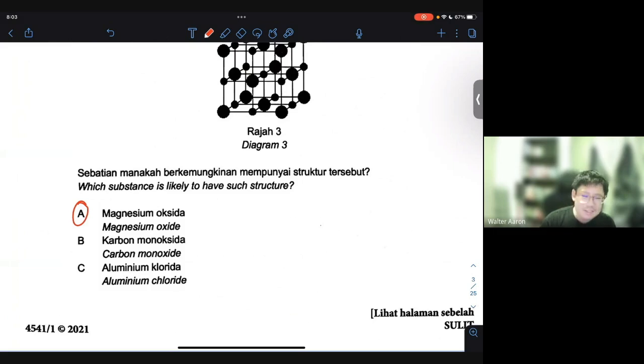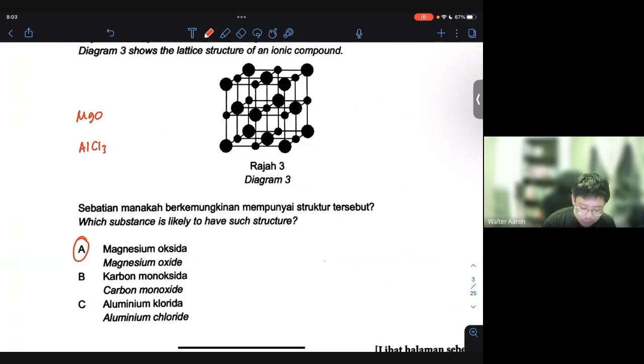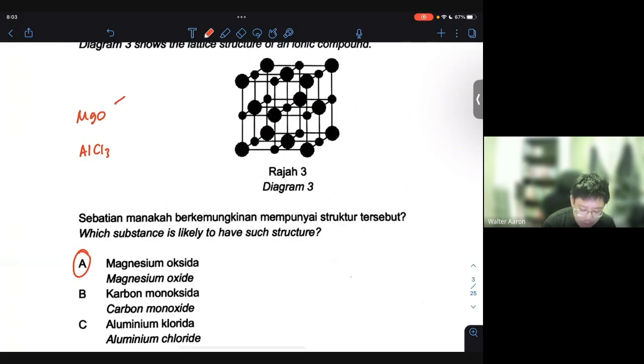Now let's just say we don't know that. How can we tell if this structure is magnesium oxide or not? The formula of magnesium oxide is MgO, and the formula of aluminum chloride is AlCl3. The ratio of magnesium to oxygen is 1:1, but the ratio between aluminum and chlorine is 1:3.